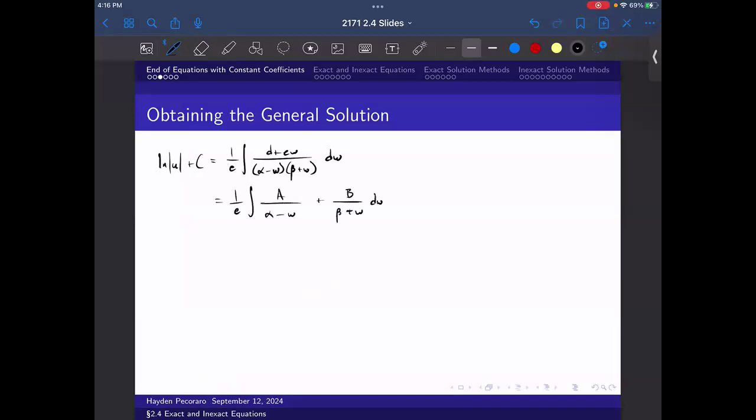And again, A and B are parameters that we have to use a completely different process to find. That doesn't affect the integration here at all. They're just numbers at the end of the day. And so we can integrate this with respect to w.